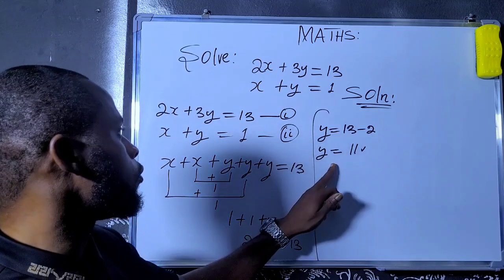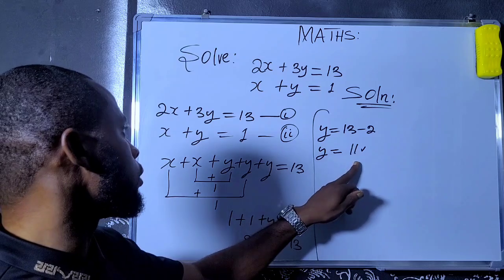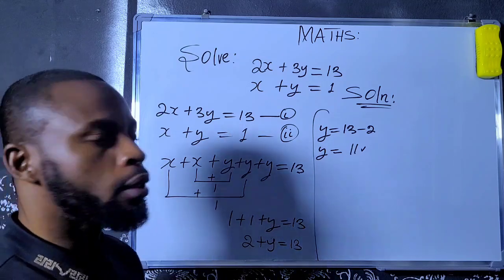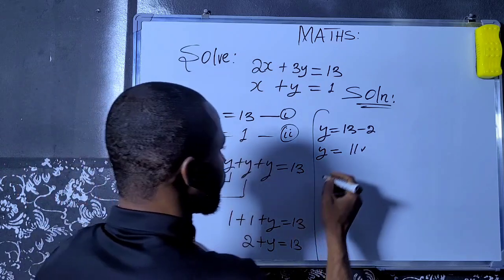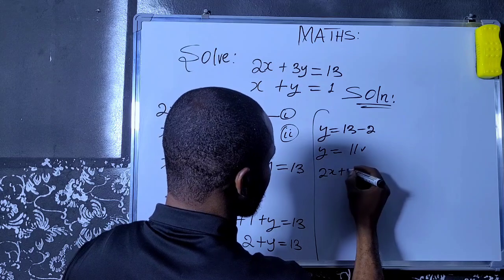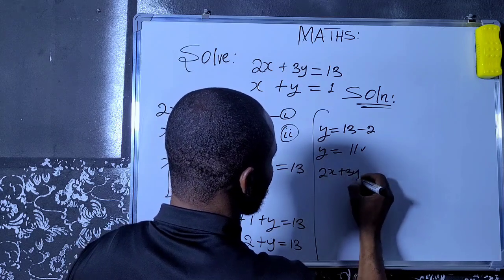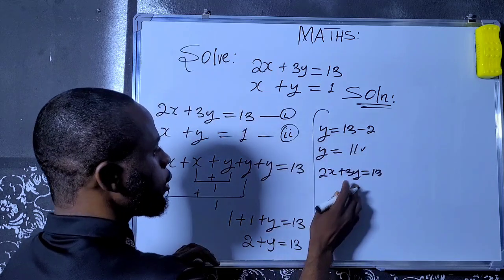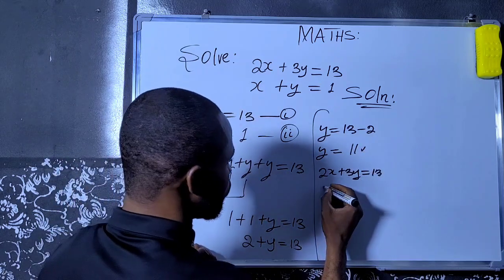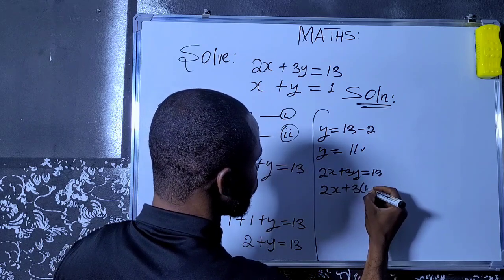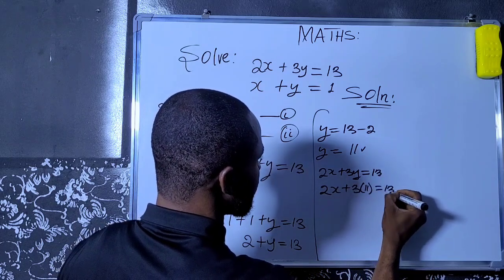Then to get the value of x, we are going to substitute 11 for y in equation 1. Recall equation 1 is given as 2x plus 3y equals 13. That is, wherever we see y, we substitute 11, and we are going to have 2x plus 3 into 11 equals 13.